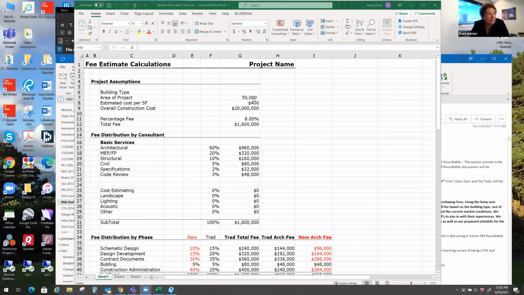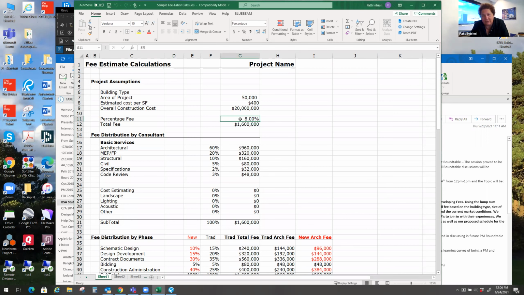Typically what we do is we take the area of a project at a very high level. We estimate the cost per square foot. We estimate the overall construction cost here. And then you assign a fee percentage to it.